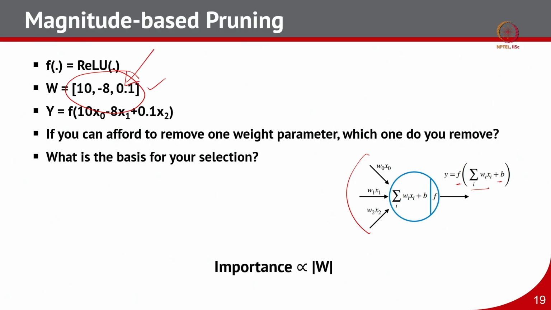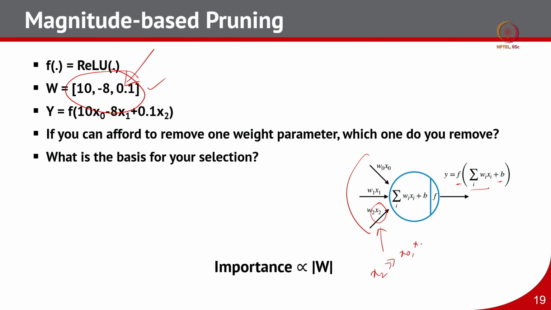If we do that, we are saying that our technique prunes the DNN where the importance of a parameter is proportional to the absolute value of the weight. So that is magnitude based pruning. But this particular case might not be good, because maybe W2 has the least weight, but it might be the case that the value x2 is always very high with respect to x0 and x1.